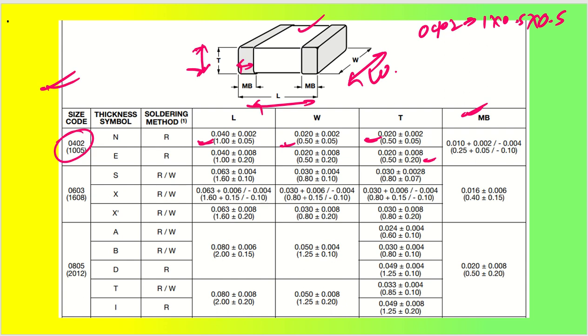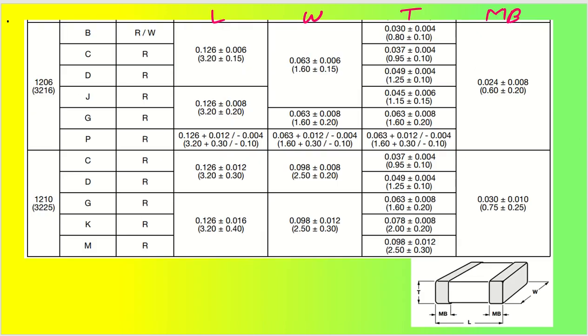Similarly for 0603 we have 1.6 by 0.8 by 0.8 mm. This is the understanding of the capacitor size. You can see accordingly for your other parts. I have listed them in a table: these were 1206, these were 1210, and their length, width and thickness.